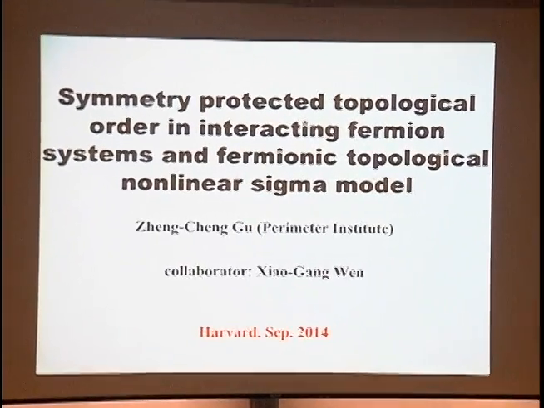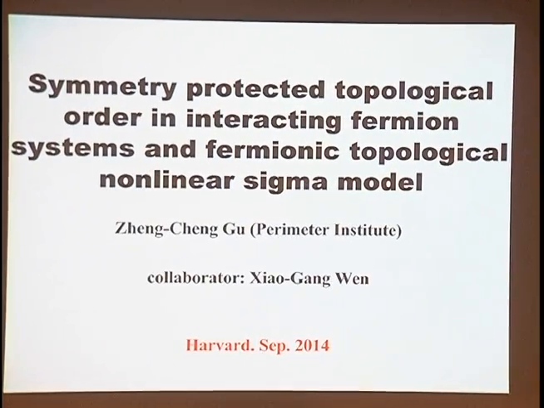And today I would like to talk about the so-called symmetry protected topological phase. You can think of it as a generalization of topological insulators and topological superconductors, but with arbitrary global symmetry G. The especially interesting point is that we consider what happens in interacting systems, especially in the presence of very strong interaction.